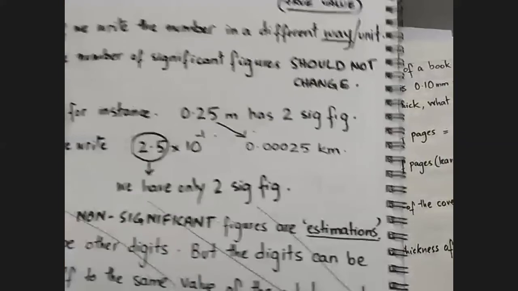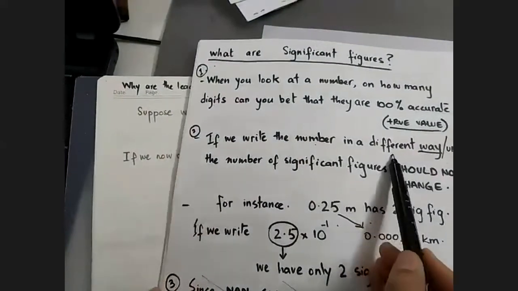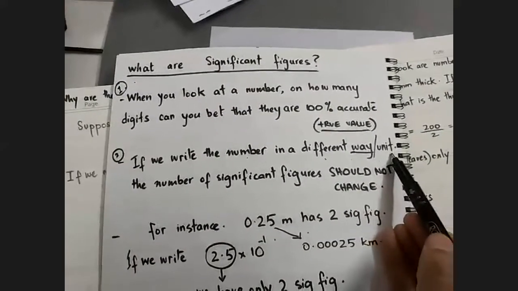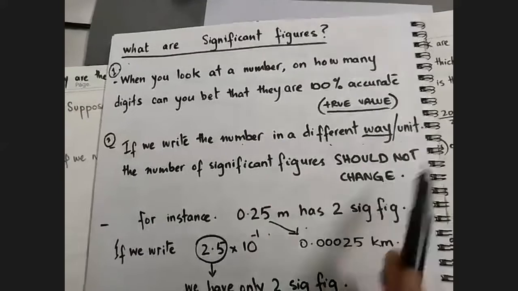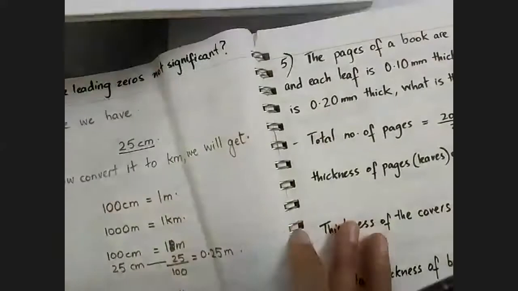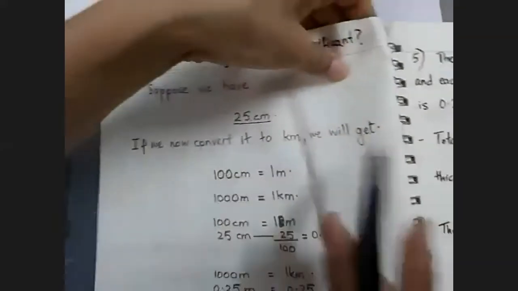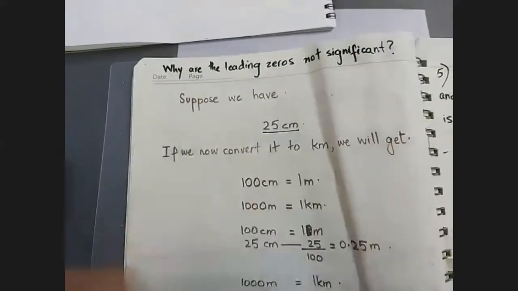Also remember that if we write a number in a different way, or in different units, the number of significant figures should not change. What do I mean? For instance, I have 25 centimeters. For example, I measured something with my meter ruler and I got 25 centimeters.